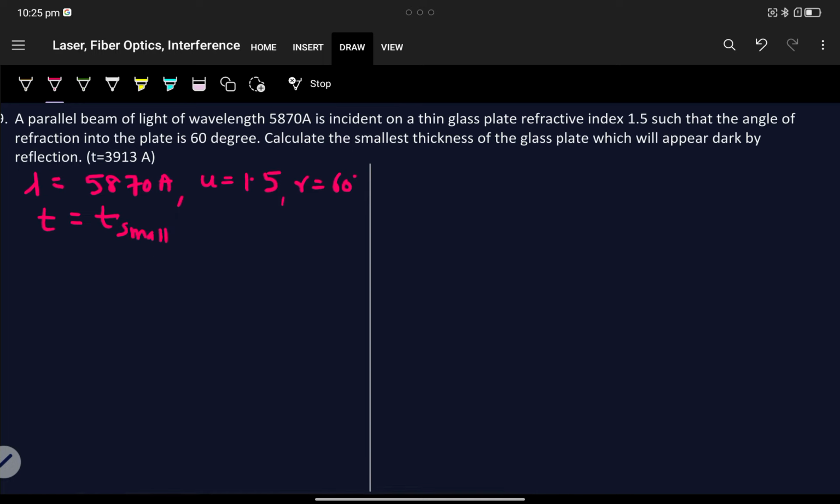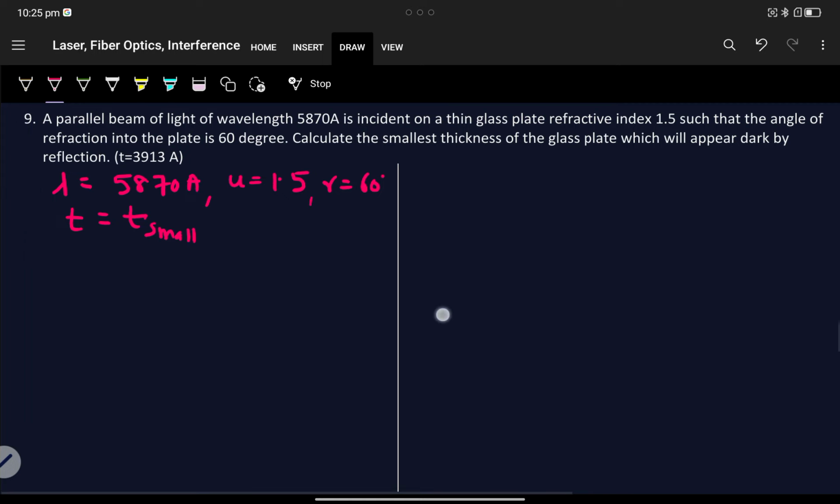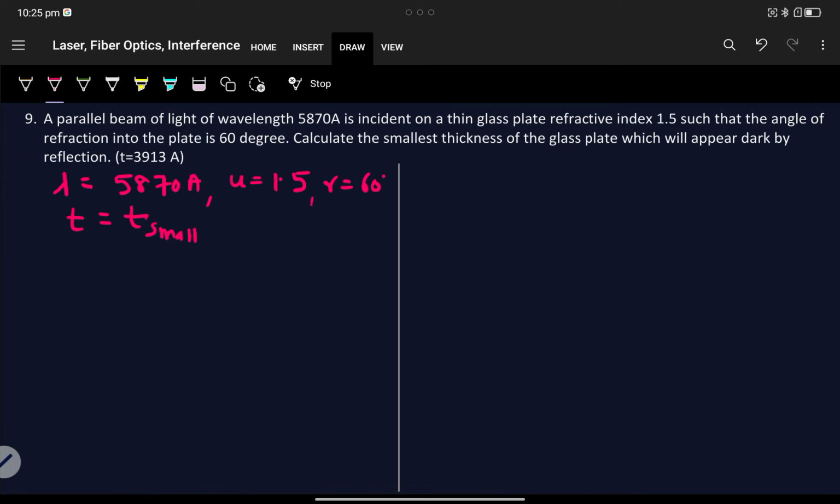If the glass plate will appear dark, so we'll use the condition of minimum intensity. Now we remember the condition 2 mu t cos r plus lambda by 2 is equals to (2n plus 1) lambda by 2. So when I bring lambda by 2 on other side, we'll get 2 mu t cos r is equals to n lambda.